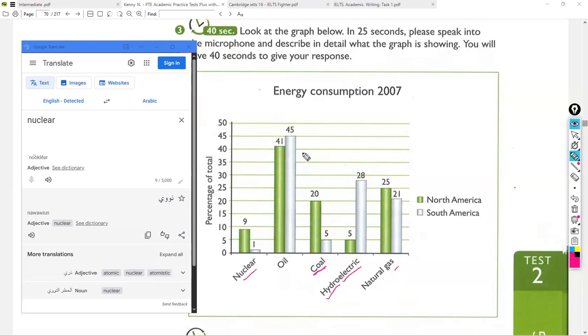So the sources of energy that we have are nuclear, oil, coal, hydroelectric, and gas. So these are the sources of energy. And this is the percentage of consumption of this energy on this date.